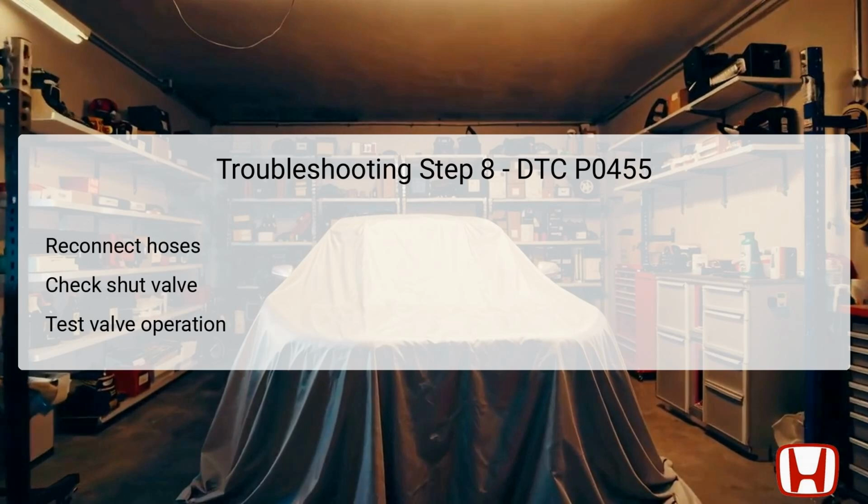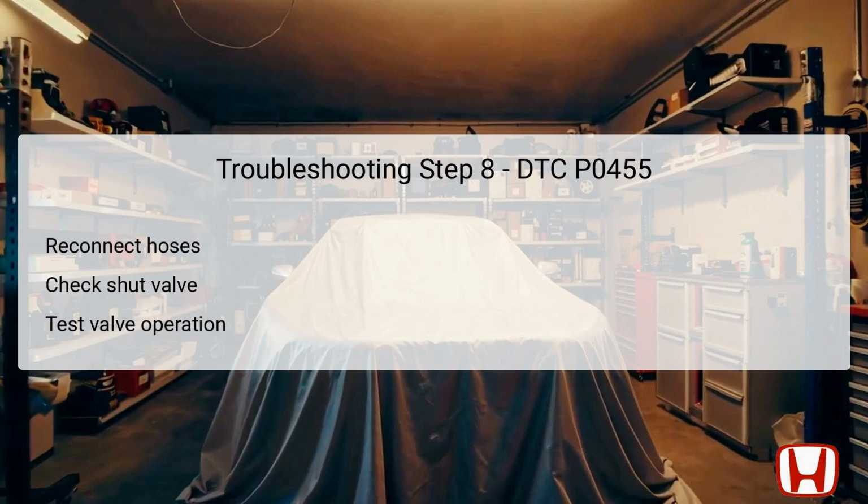Afterward, apply a vacuum to the hose while monitoring the FTP sensor reading, making sure to achieve 1.90 volts. Care must be taken not to exceed the vacuum limit. Observe the FTP sensor's performance for 1 minute to determine if the voltage rises significantly. Should it increase more than 0.2 volts, it indicates a potential failure in the EVAP canister vent shut valve and may require replacement.